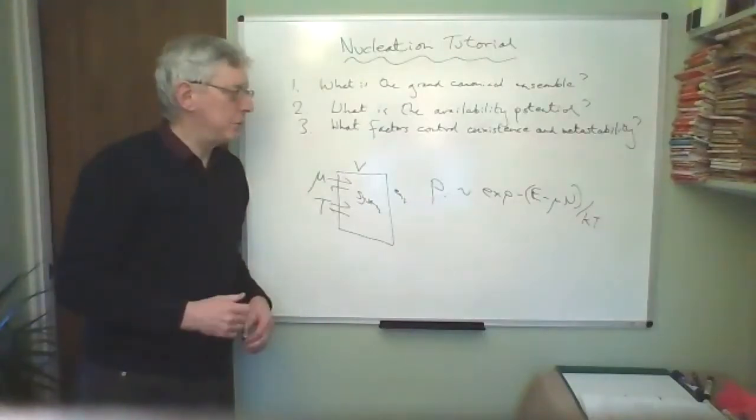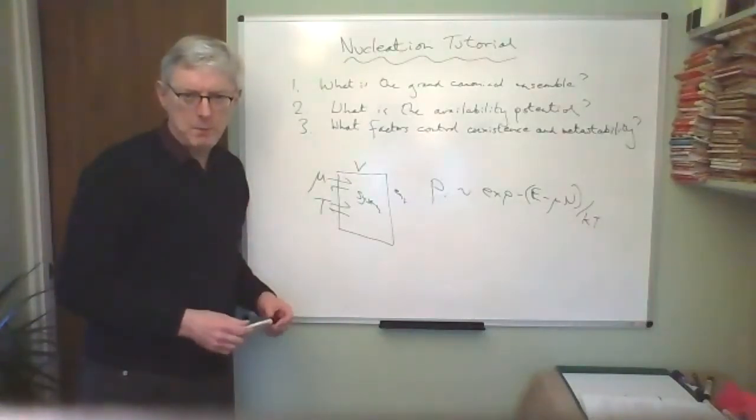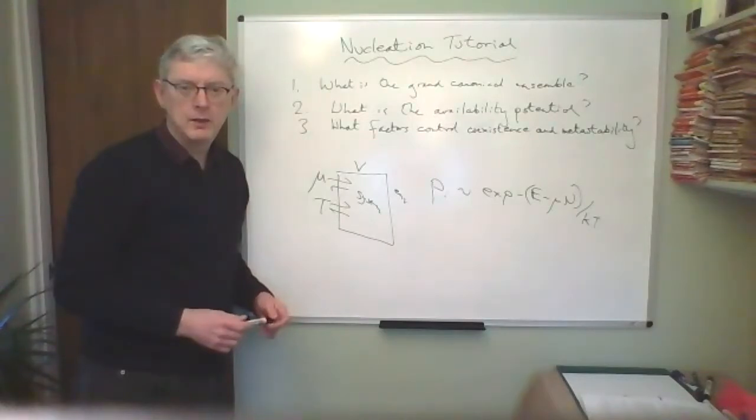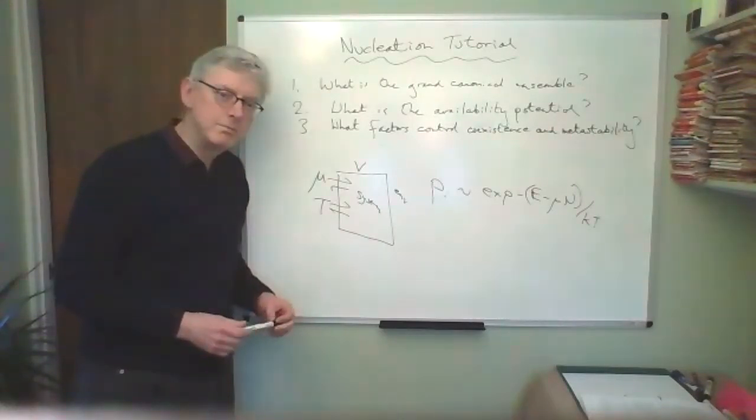What is the availability potential? Anyone? Somebody? Would it be something where it's a more elaborate model which can model these simple fluids in terms of understanding these phase coexistence?